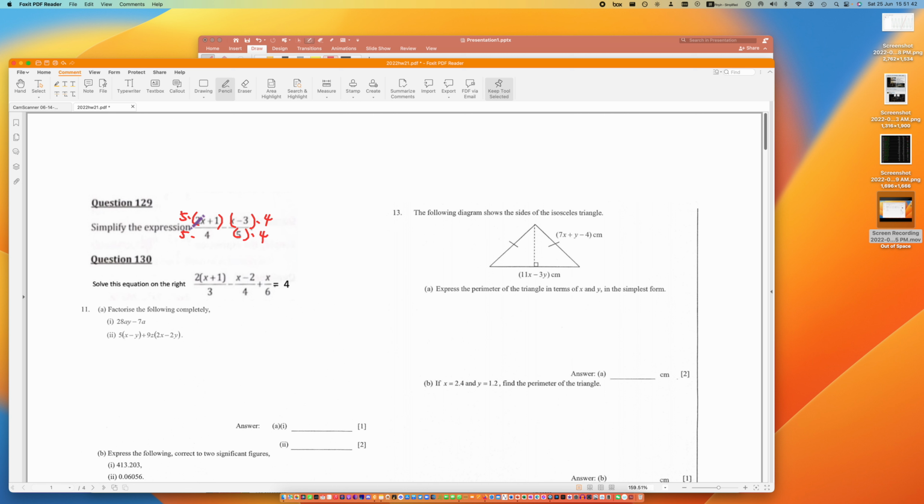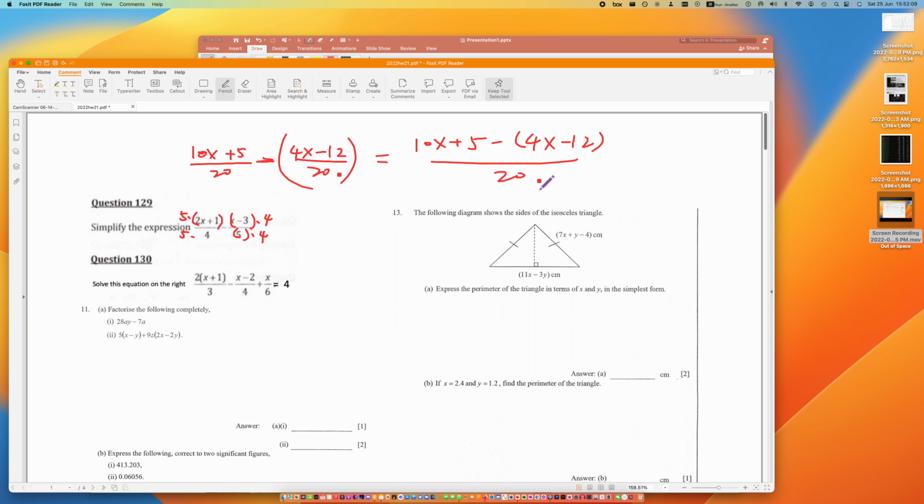So you get 10x plus 5 over 20, and this one 4x minus 12 over 20. From here onward, you need to put a bracket here. Why? Because there is a minus sign here. No bracket, wrong. So you will get 10x plus 5 minus 4x minus 12 over 20.